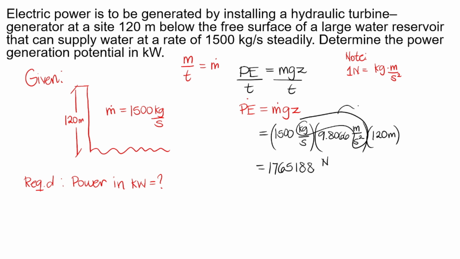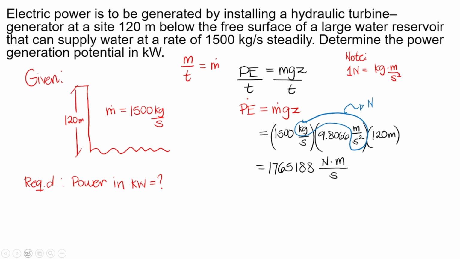This is Newton. Let's write it in a different color. Si kilogram times meter per second squared is equivalent to 1 Newton. So, ang mangyayari, we will have Newton, matitira si meter, over itong natirang second dito.